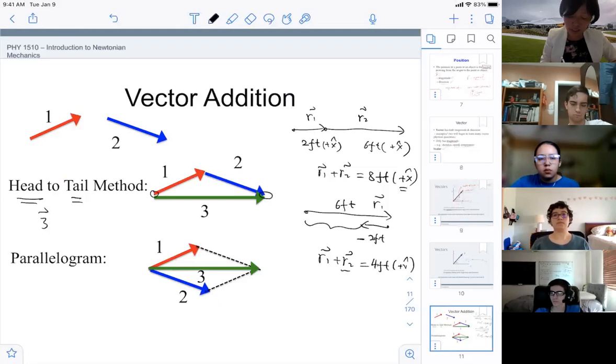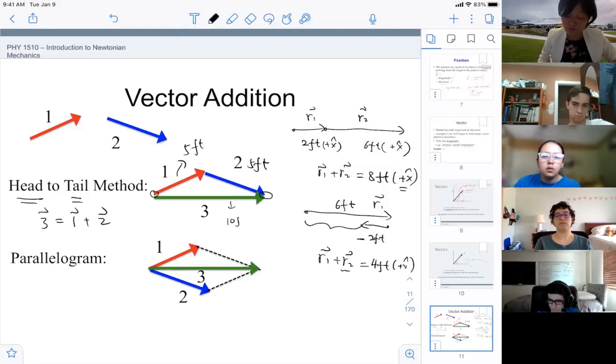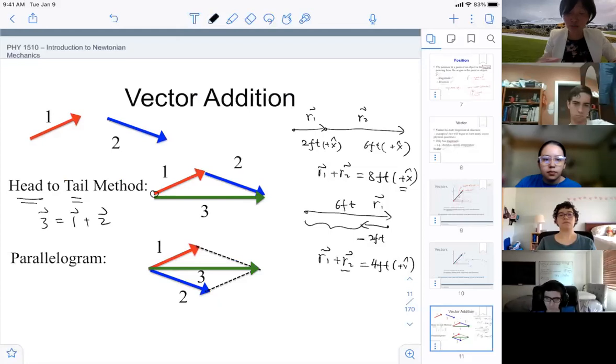Vector 3 is vector 1 plus vector 2. If 1 is 5 feet and 2 is also 5 feet, once they are aligned this way, the result is not going to be 10 feet. The magnitude doesn't simply add anymore. You can find out the magnitude later, but here, how you simply draw the addition is the head to tail method.